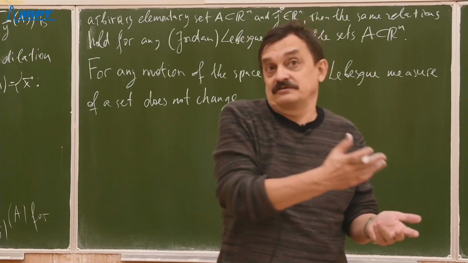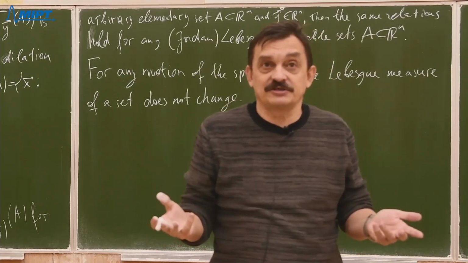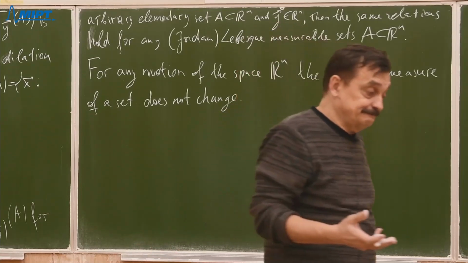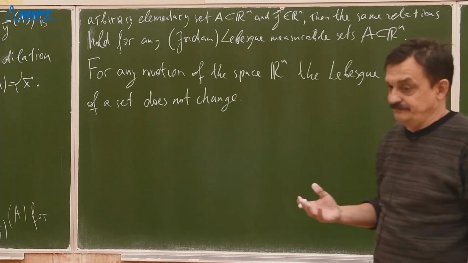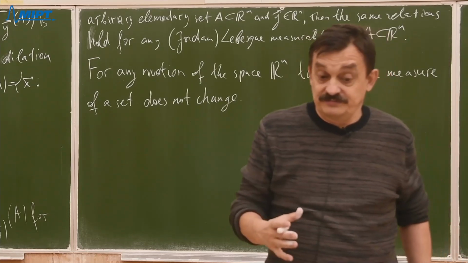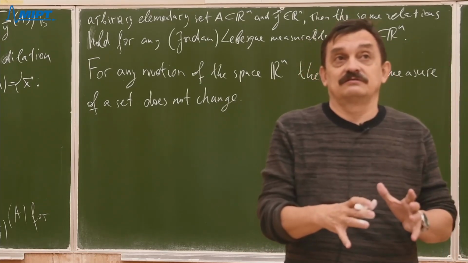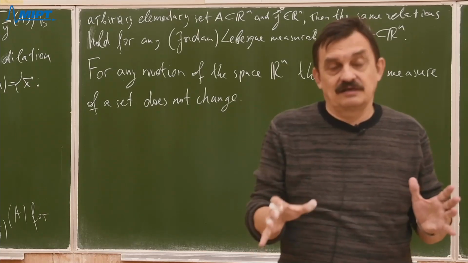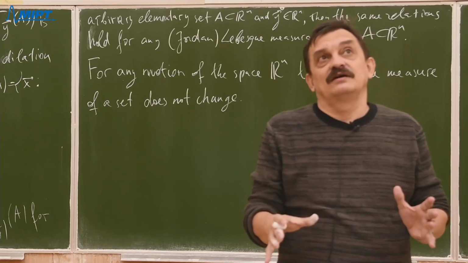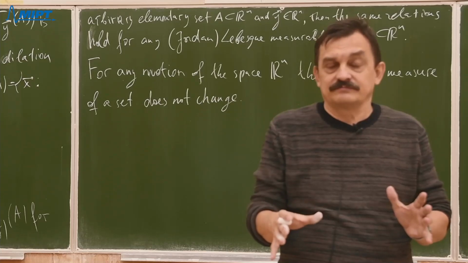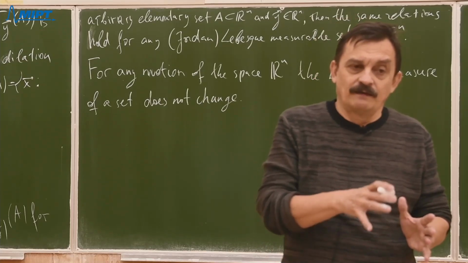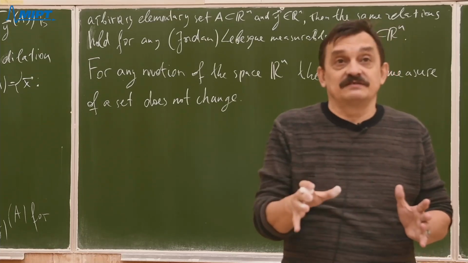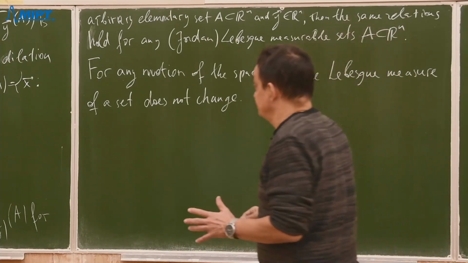Because we studied Jordan measure, Lebesgue measure. But it turned out that if you will try to find some way to measure sets in Rn, right, in such a way that the property of sigma additivity, remember what is sigma additivity?